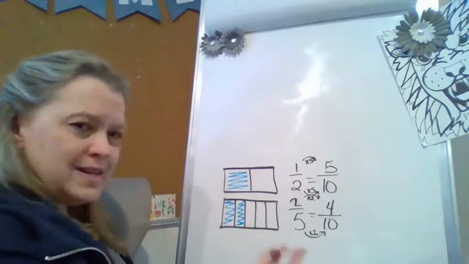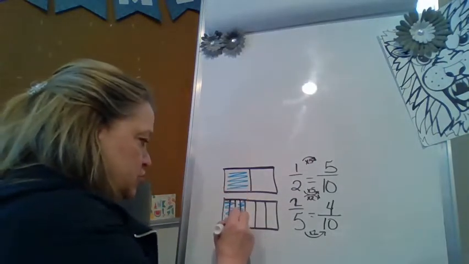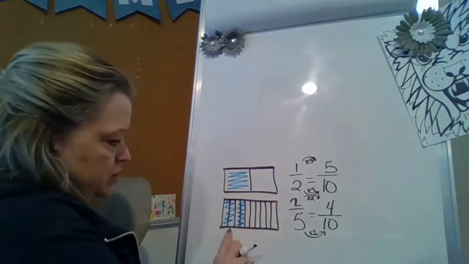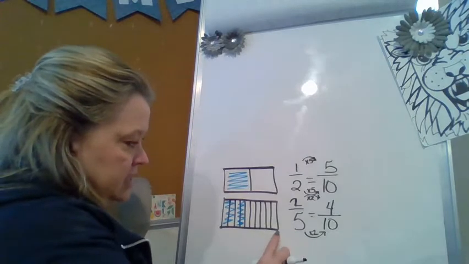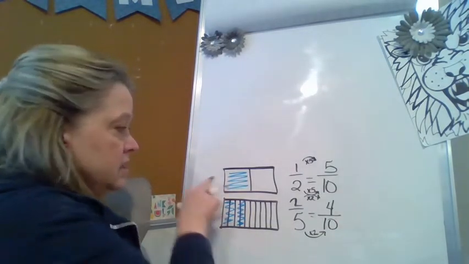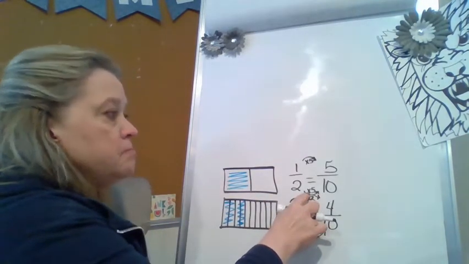So now, what does that mean? Well, we took each of these little sections and we made them into 2 parts. So now we've got 1, 2, 3, 4, 5, 6, 7, 8, 9, 10 parts. 1, 2, 3, 4 of them are colored. Up here, we took each of these 2 parts and we multiplied by 5.